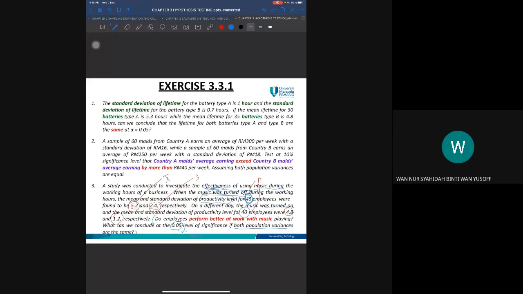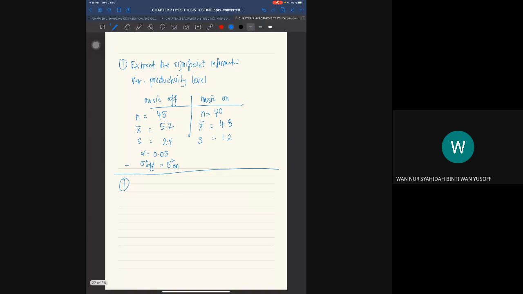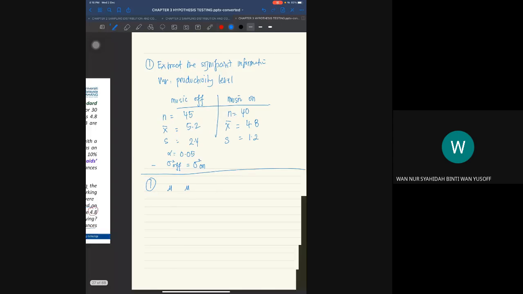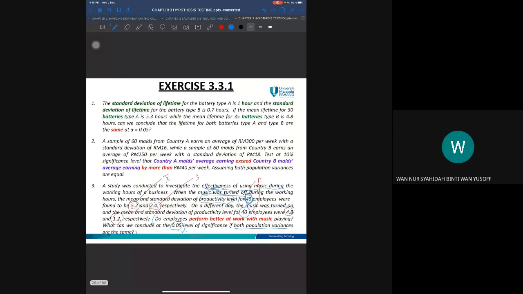Then we need to decide. So we already know that it is mu. So that's right here, mu. And then we need to decide which one should be the first population, music off or music on. So do employees perform better at work with the music playing? Which one should be the first one? On or off? On.